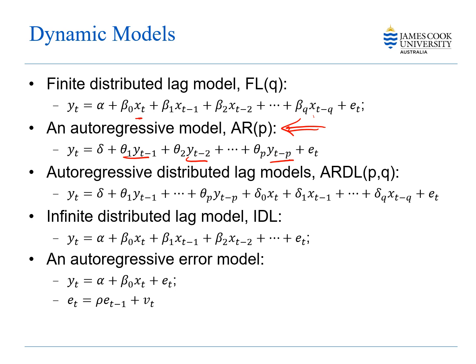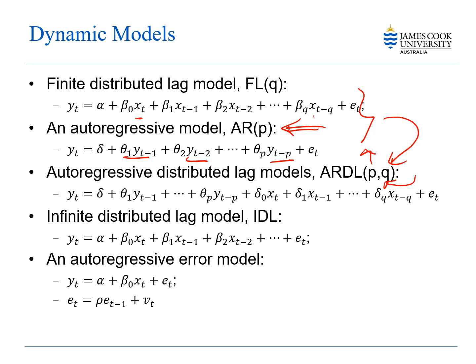We can have both. Then we get autoregressive distributed lag models, ARDL(p,q). p is the order of the autoregressive component, and q is the order of the finite distributed lag component.